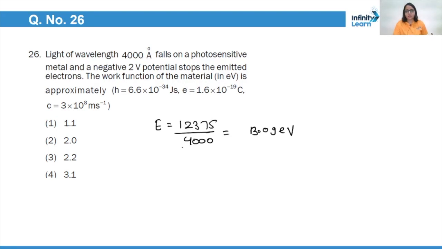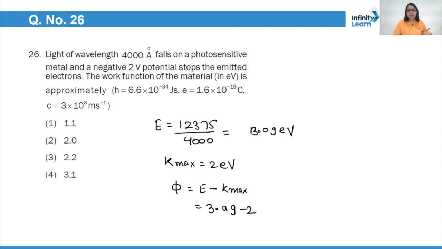And stopping potential is 2 volts. So over here, kinetic energy maximum will be 2 electron volt, right? So work function will be E minus K max, which is equal to 3.09 minus 2. So it is approximately 1.1 electron volts, which is option 1.